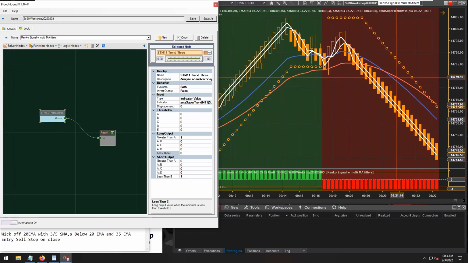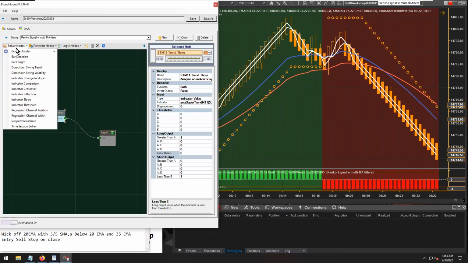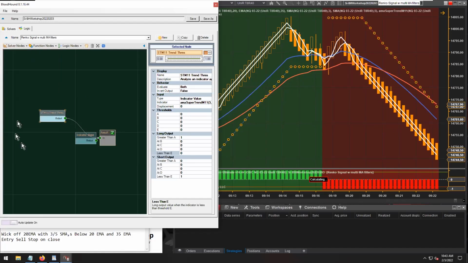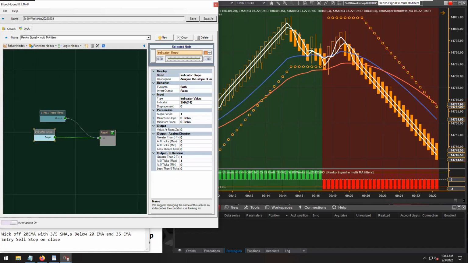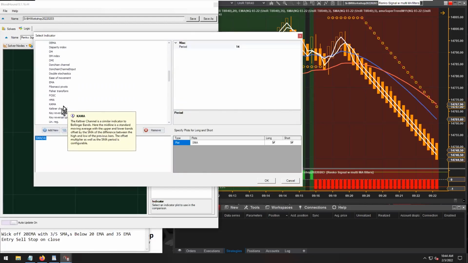But okay, so next let's work on the two EMAs. All right, so I'm going to grab a couple of slope solvers. So this is going to be the EMA 20 slope. So let's change the SMA to the EMA.